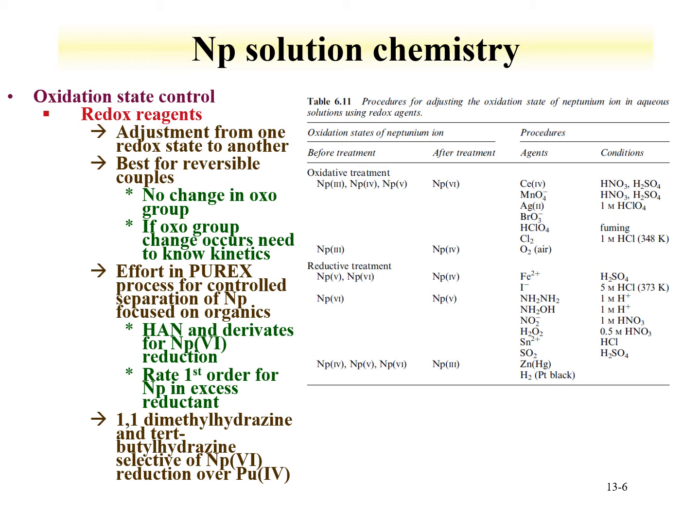So work has been performed evaluating redox control of neptunium in PUREX systems. Hydroxylamine nitrate and its derivatives were used for neptunium-6 reduction to the 5, and this is found to be a first order rate with excess reductant.